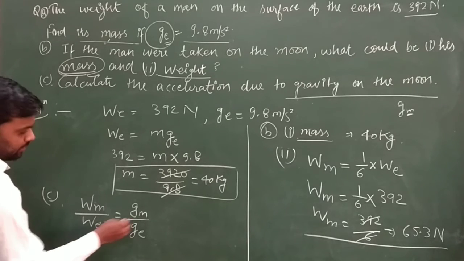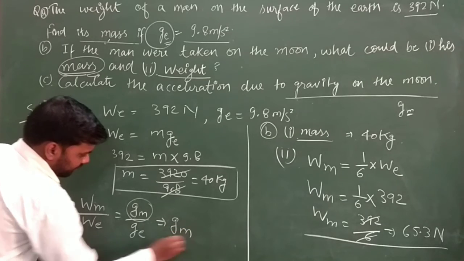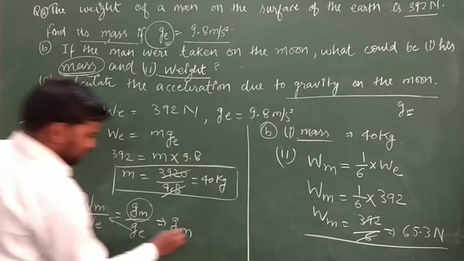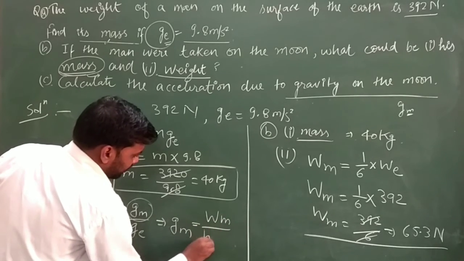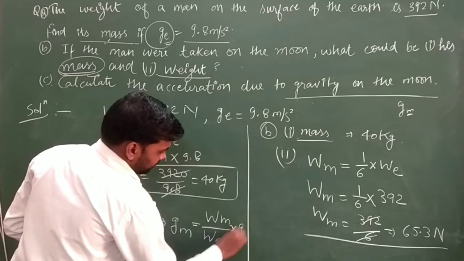So we need to find out gravity on moon. We can easily calculate it. If gravity on moon, this term will go to this side in the multiplication form. So we can write it as weight on moon upon weight on earth multiplied by g_e.